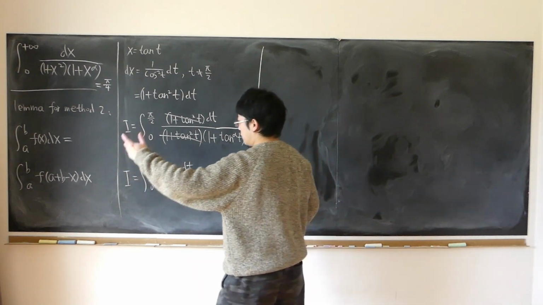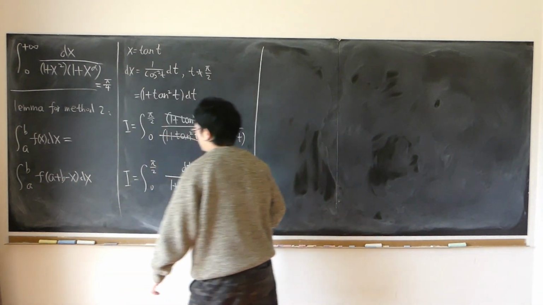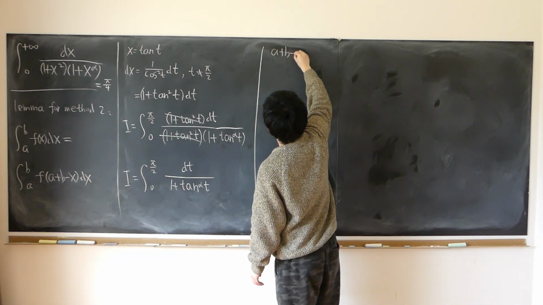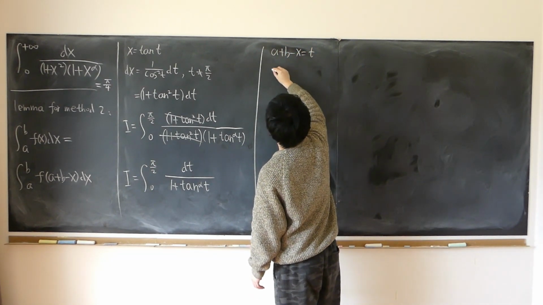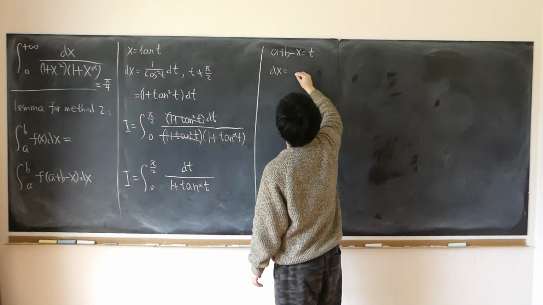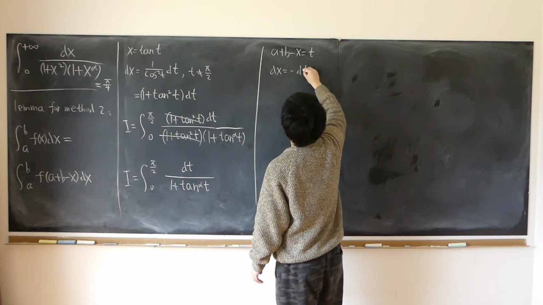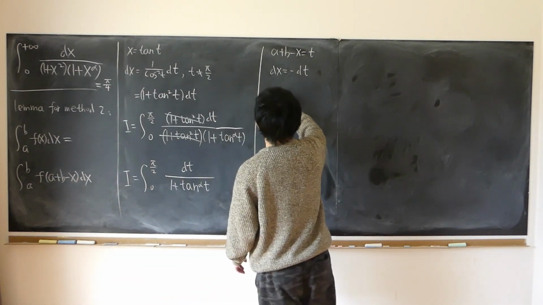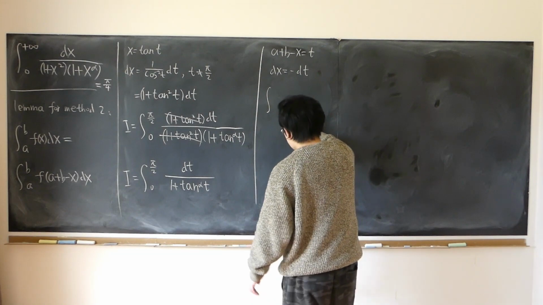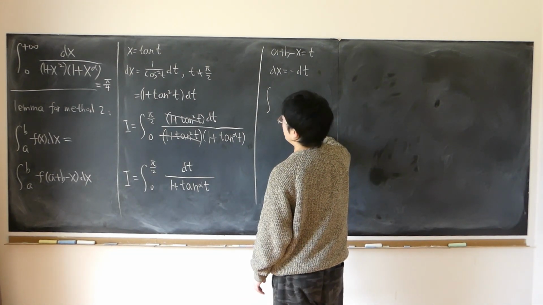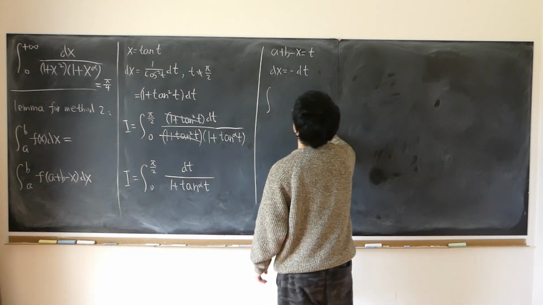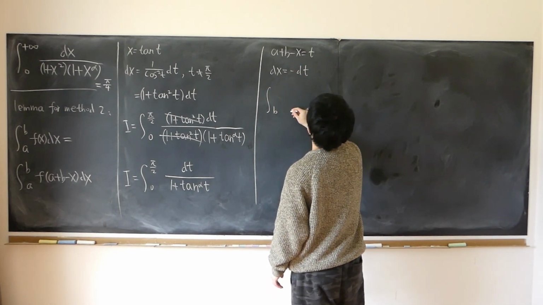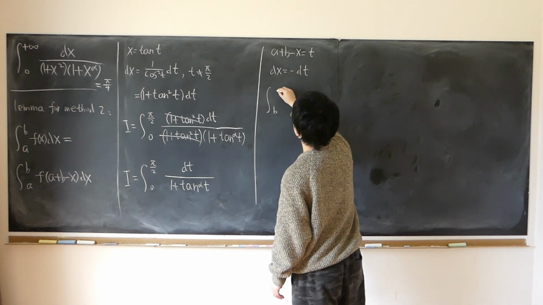In fact, we can just let a plus b minus x equal to t. Then dx is equal to minus dt. Also remember to change the boundaries. Originally from a to b: when x is equal to a, t is equal to b. When x is equal to b, t is equal to a.